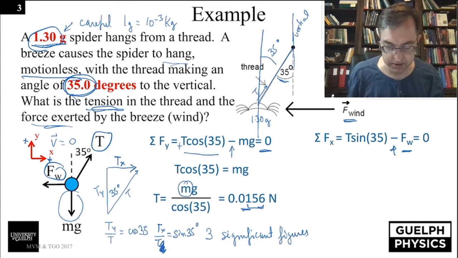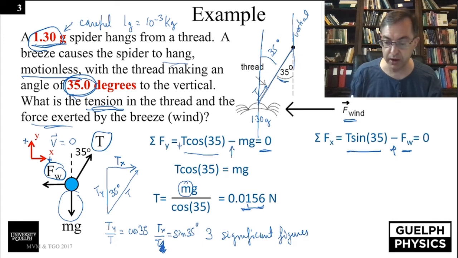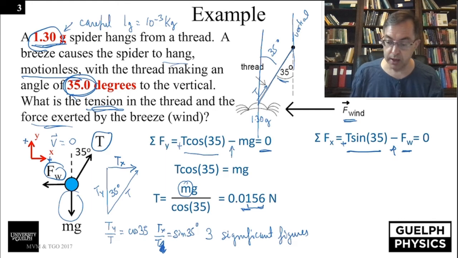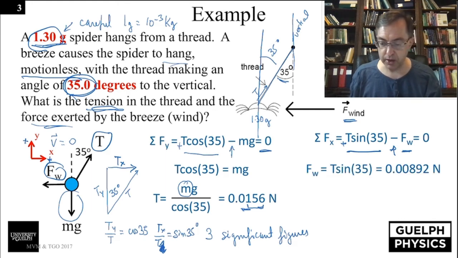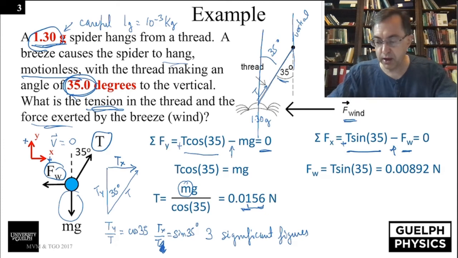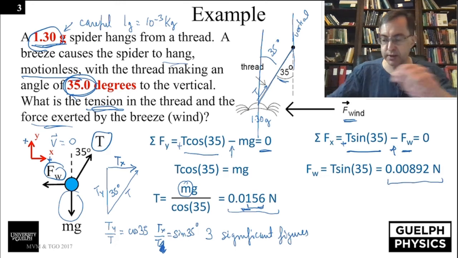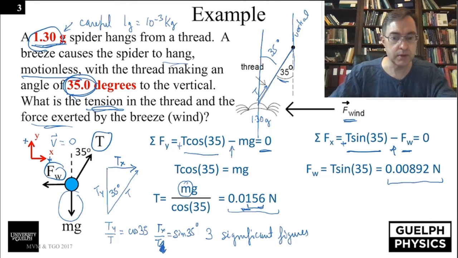Okay, so Tx is equal to T sine 35 with a positive sign because it points to the right. And then I can solve this for Fw. Okay, Fw is T sine 35, and T, I know it's this value here, 0.0156 newtons, and so multiplying them out, I get that the force of the wind is 0.00892 newtons. Okay, good.